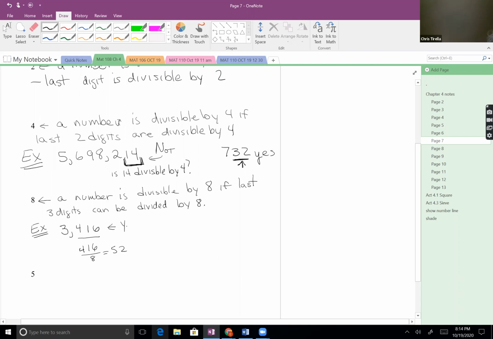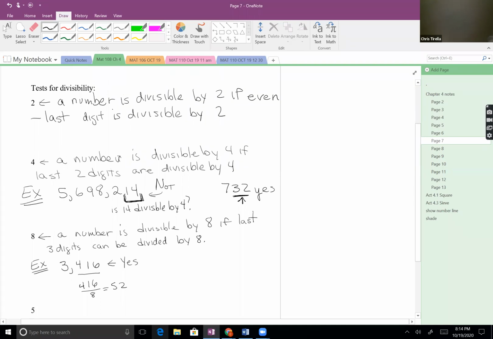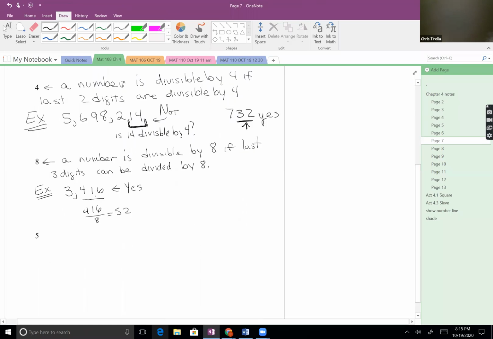And yes, I can. And so it's divisible by 8. The test for divisibility by 8, you might as well, I guess, start dividing the whole number. But over here, this idea that it's divisible by 4 if the last 2 digits are divisible by 4, that seems like a pretty good shortcut, yes? That we can tell a big, long number by looking. And the reason that it works is because once we get past there, we're in the hundreds, and we know that 4 goes into your hundreds evenly. Likewise, with the test for 8, we know that 8 goes into 1,000 evenly. And so I don't need to worry about that.